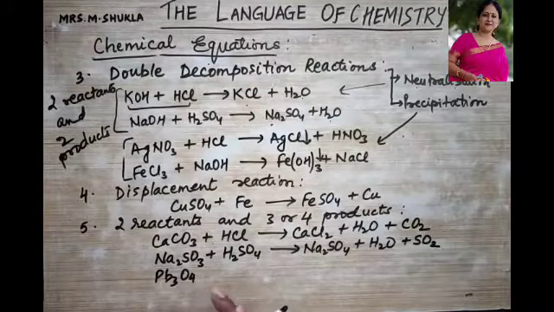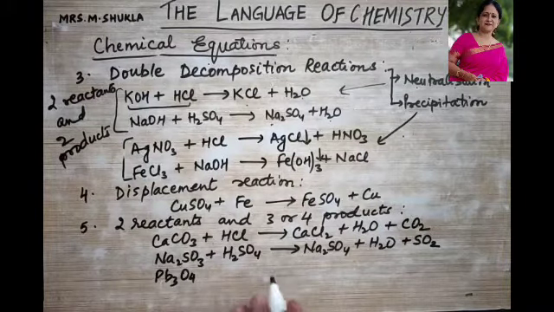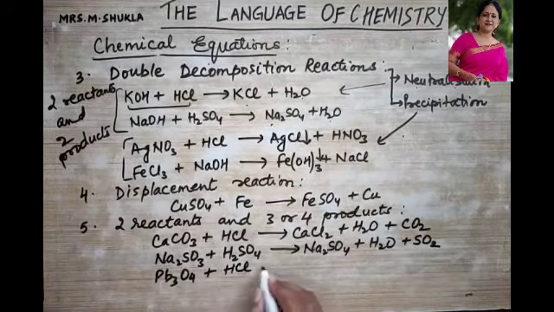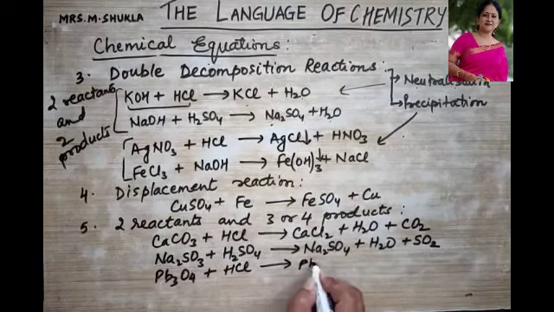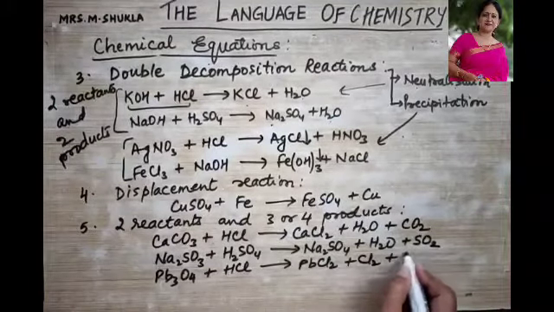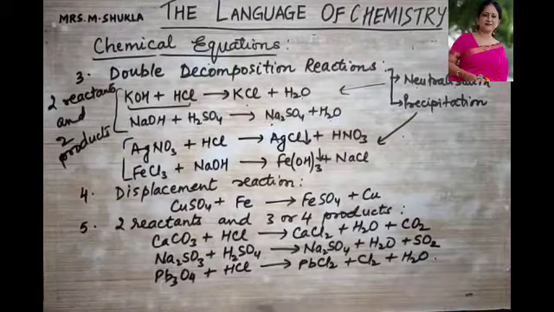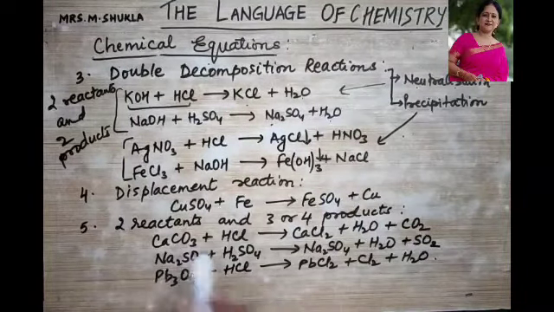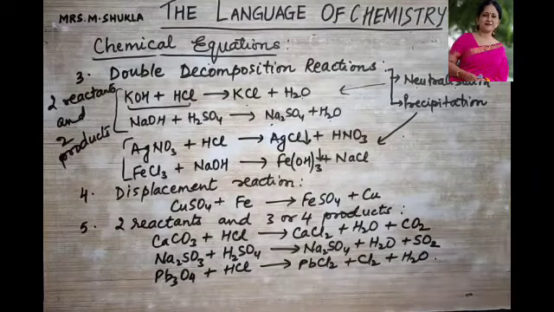Red lead. And the orange sindoor that mummies use during puja time, that is Pb3O4. It combines with HCl and forms PbCl2 plus Cl2 plus water. These are also reactions which have 2 reactants and 3 or 4 products.